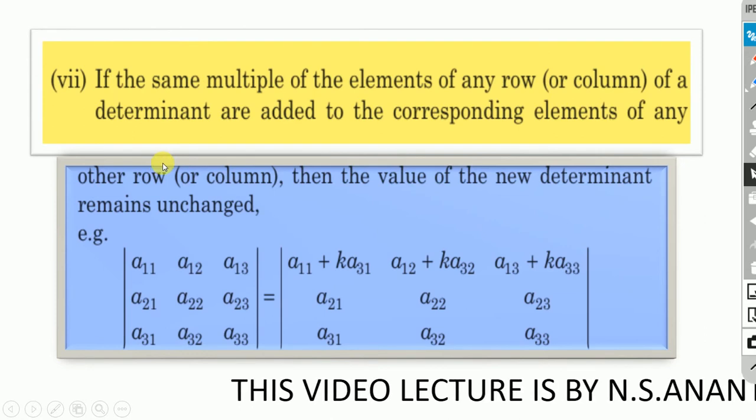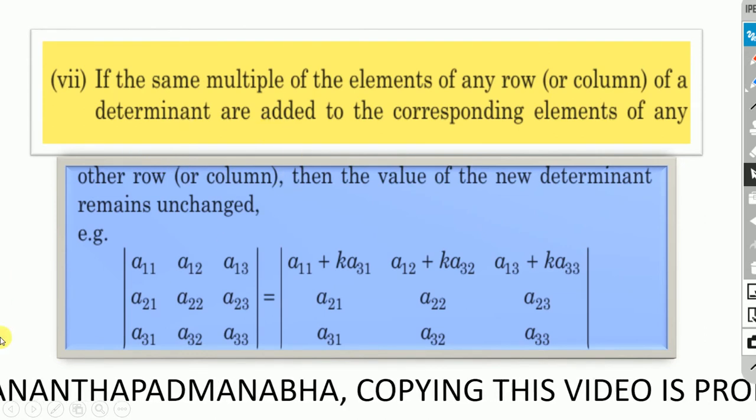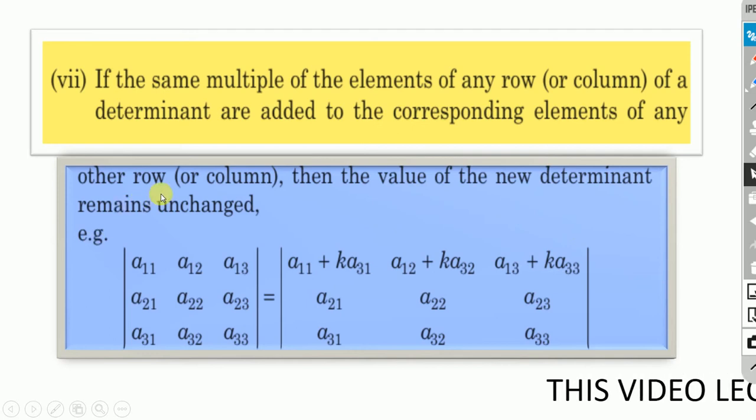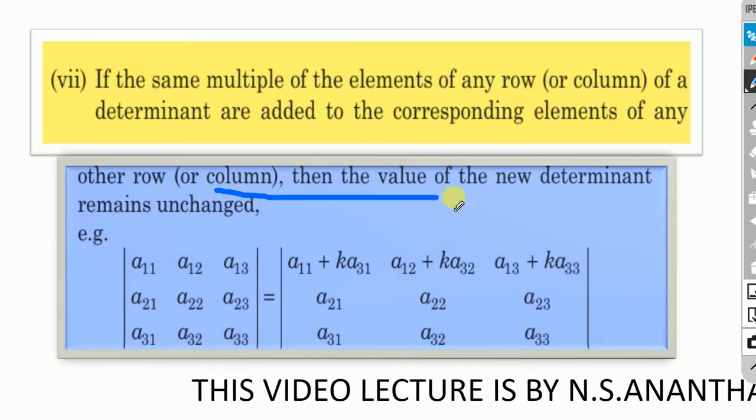If the same multiple of the elements of any row of a determinant is added to the corresponding elements of any other row or column, then the value of the new determinant remains unchanged. Consider this example: I have a determinant a11, a12, a13, a21, a22, a23, a31, a32, a33. I multiply the third row by k and add it to the corresponding elements of row 1.